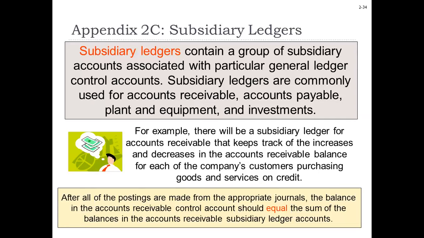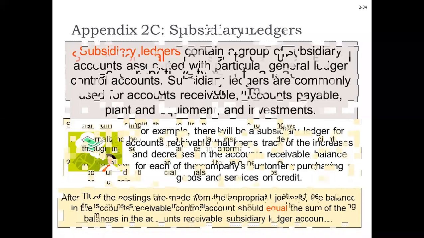You don't want to put all of that in the general ledger because that'll make it too bulky. So you have a separate record of the accounts receivable accounts. That way you don't have all the detail in the general ledger, you just have the total in there, and you have a separate ledger that has all the details. So several accounts have subsidiary ledgers, and again, that's where we keep track of all of the details and just have the total in the general ledger. Okay.